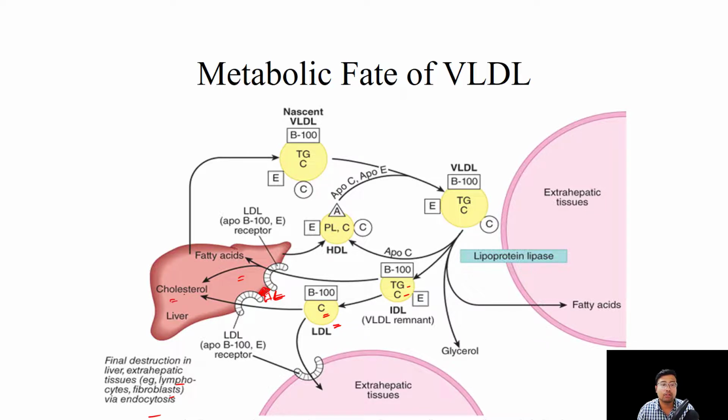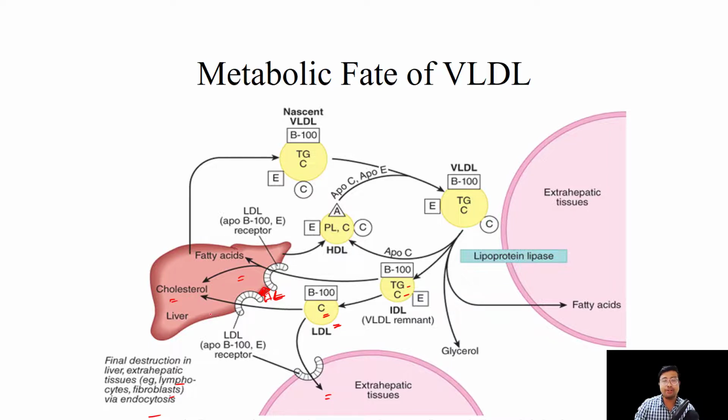If this cholesterol comes to extrahepatic tissue, it is deposited in the arterial wall, but in the liver it is used in the formation of bile acids. So LDL not only deposits cholesterol in the extrahepatic tissue, it also plays a role in depositing cholesterol in the liver, which can lead to a condition known as fatty liver, because excess fat deposition in the liver is also fat.